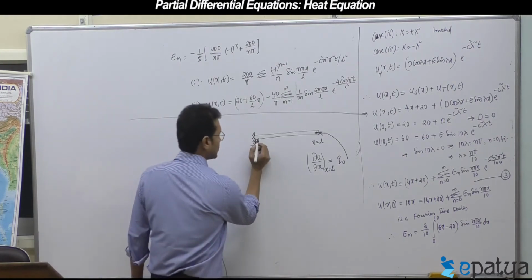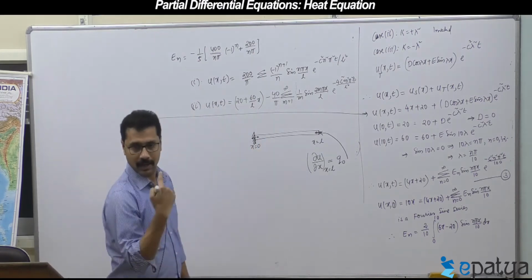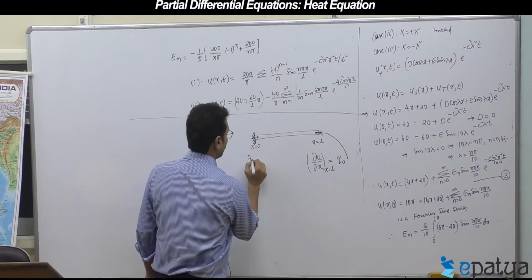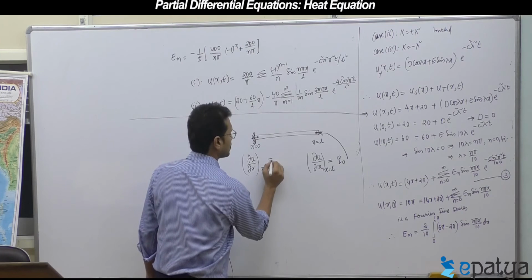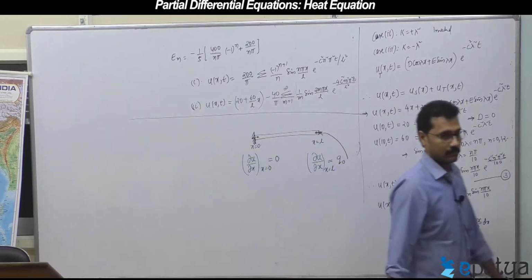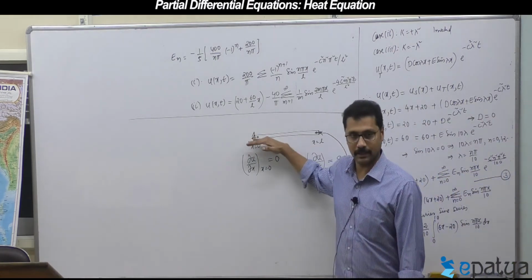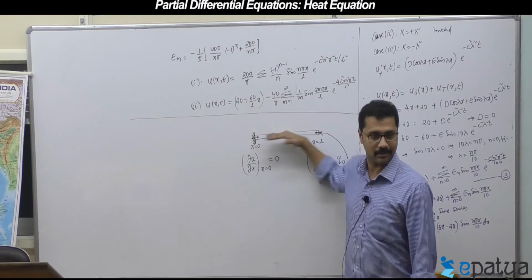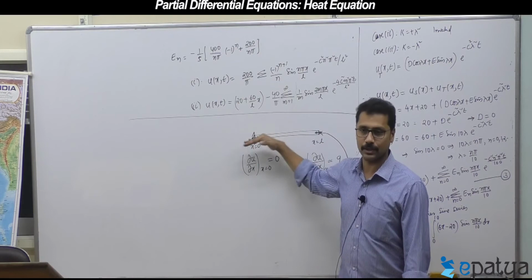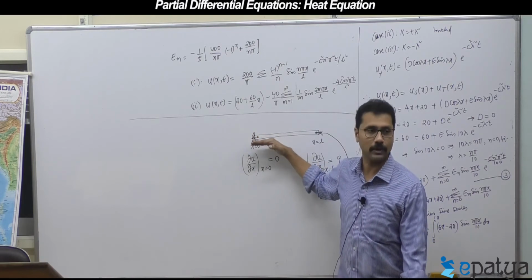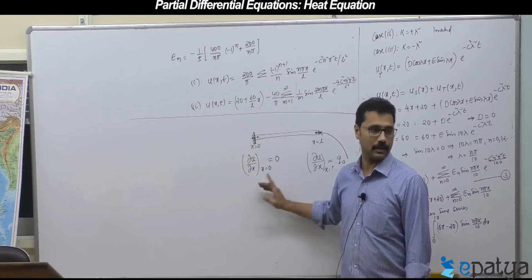Similarly, suppose I insulate. Insulation means the exchange of heat between the body and the surroundings is 0 along x direction. That means dou u by dou x at x equal to 0 is 0.